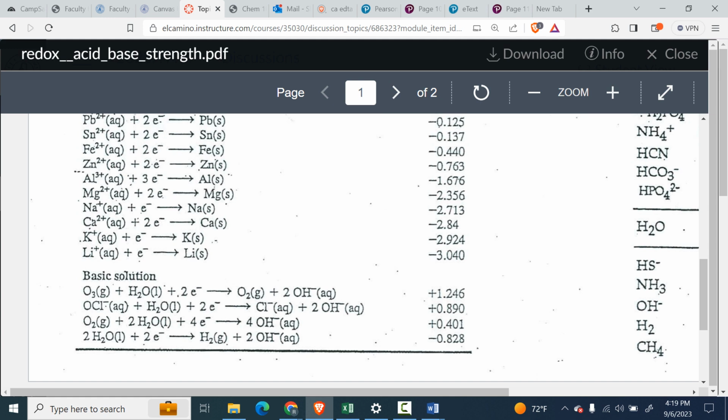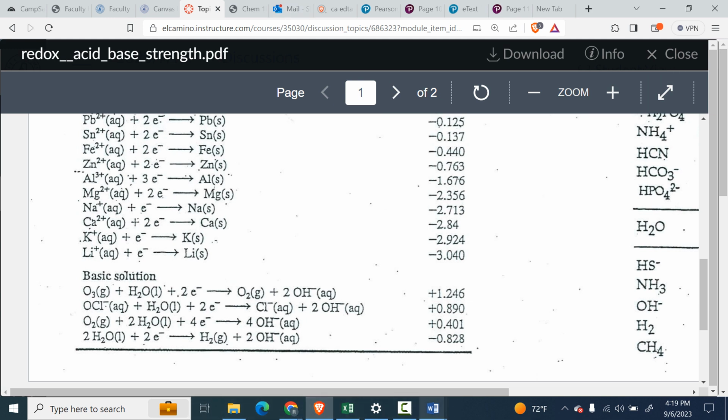Is that true or is that false? It's wrong. Water doesn't belong here. Where does water belong? Yeah, here. And that means water is a better oxidizer than potassium ions.